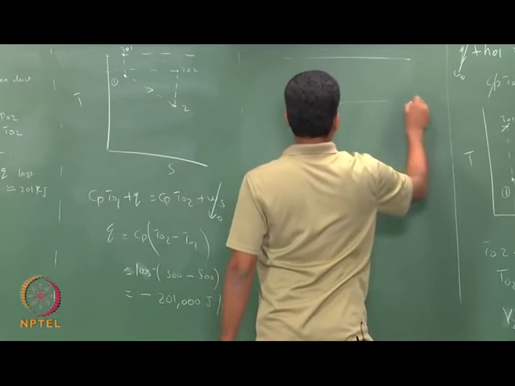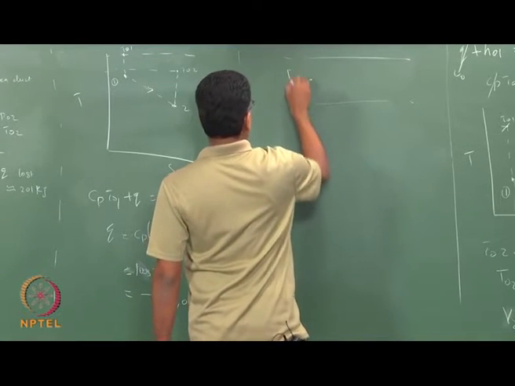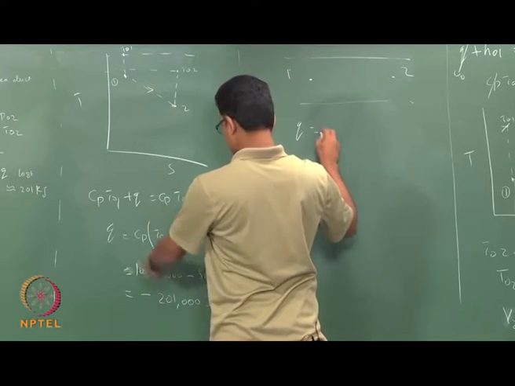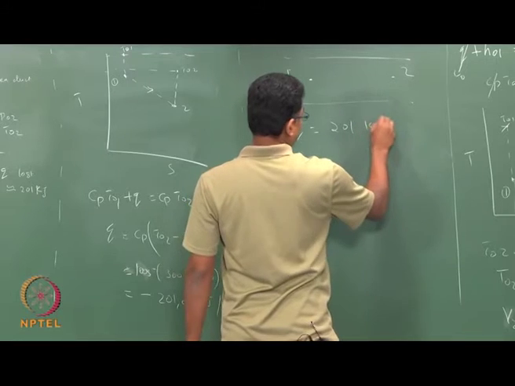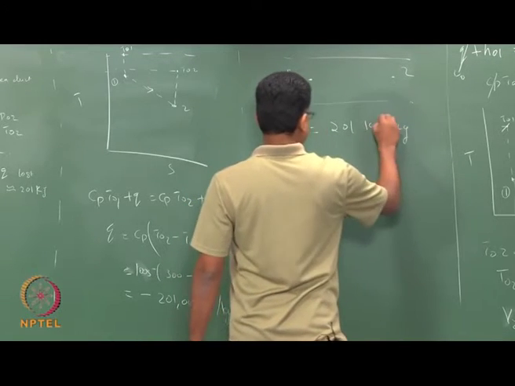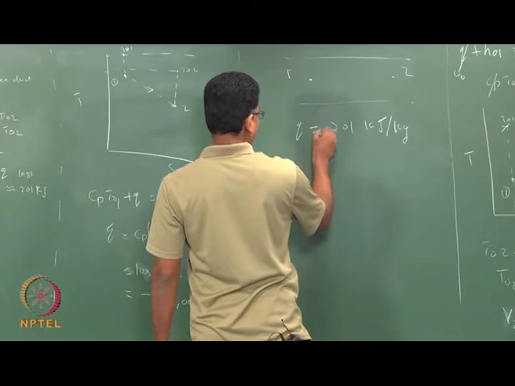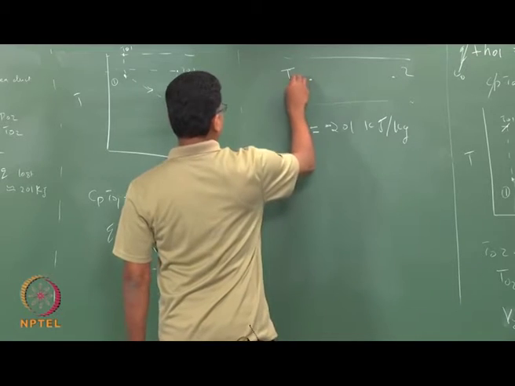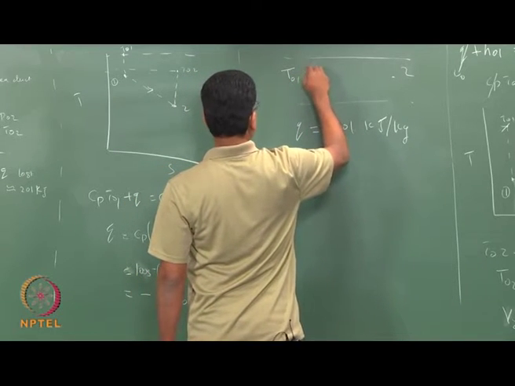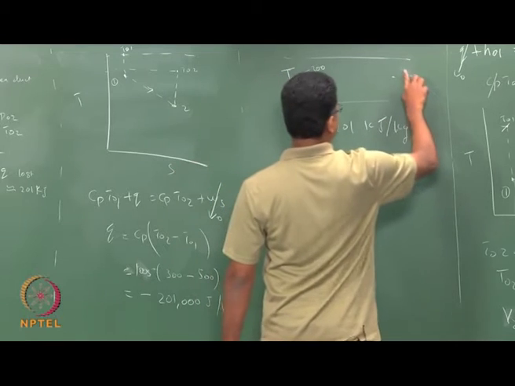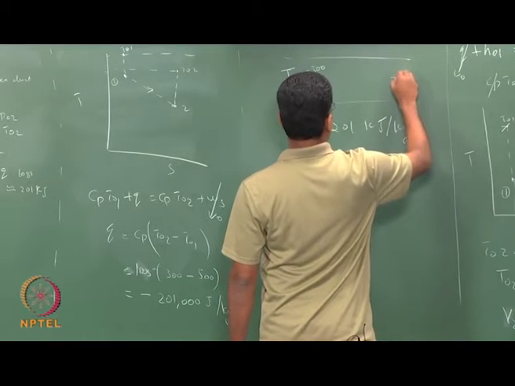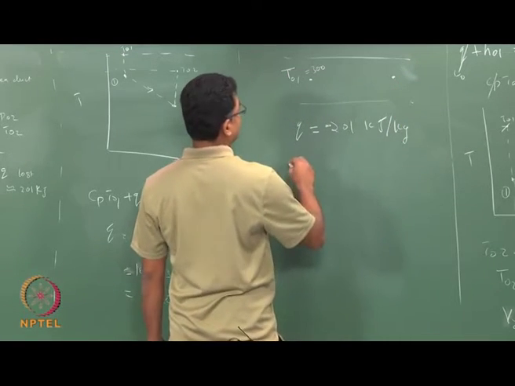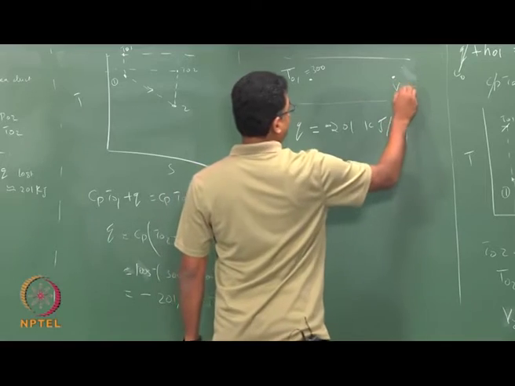So, if I have this 1 and 2, if Q is, let us take 0.1 kilojoule per kg with a minus sign. So, I have T01 to be 300 and now what is my V2?